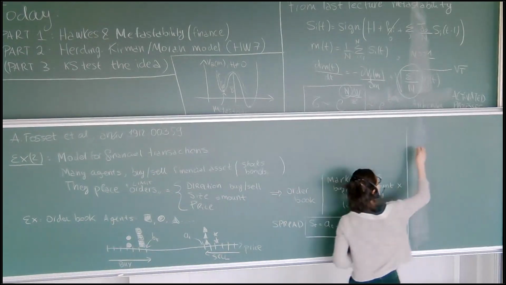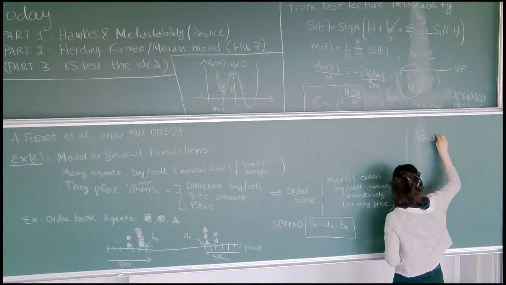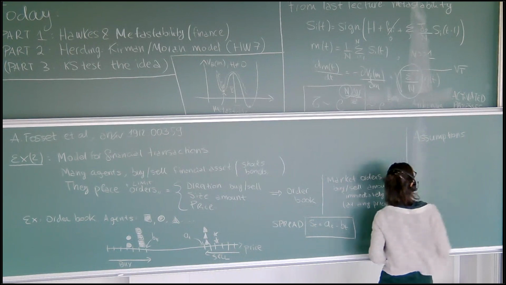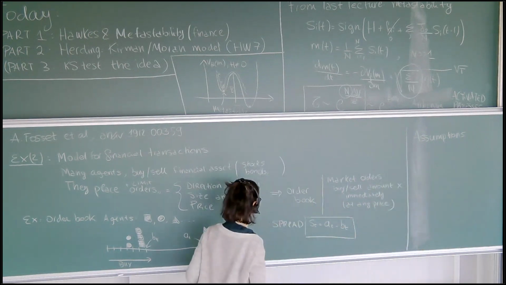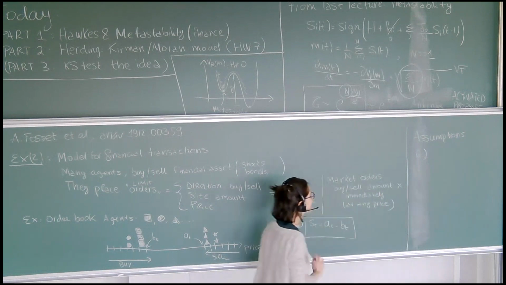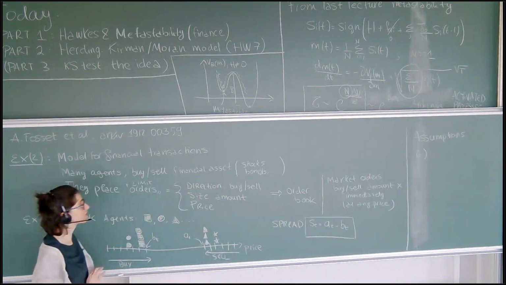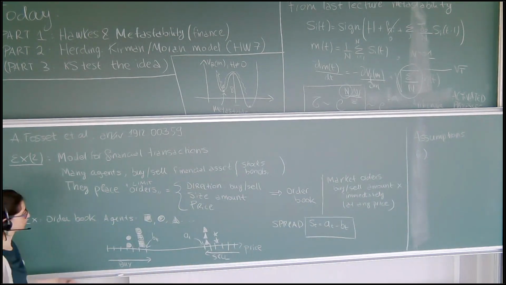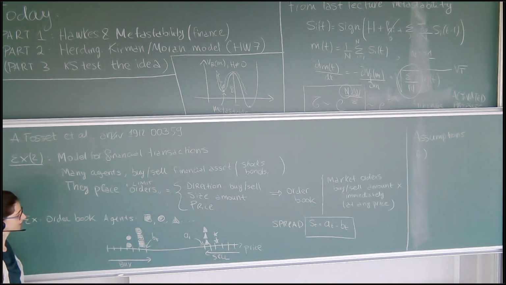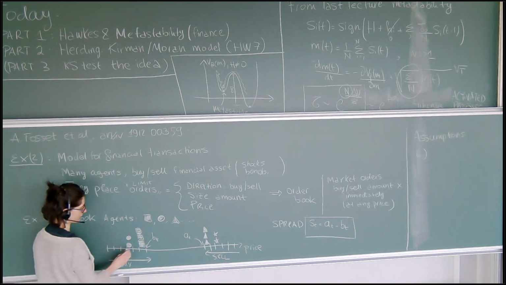So we will make the following assumptions, which define our model. The first one is that the size of each order, we fix it to be equal to 1. So in this drawing, this means that each of these different agents can only buy or sell a fixed amount of this quantity.